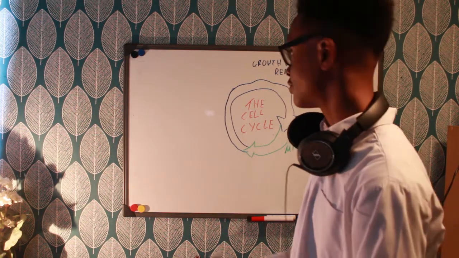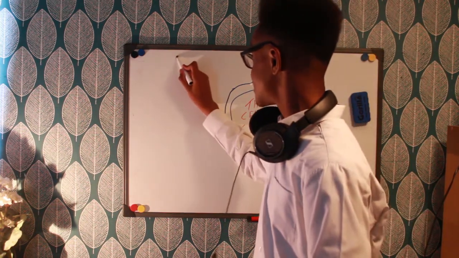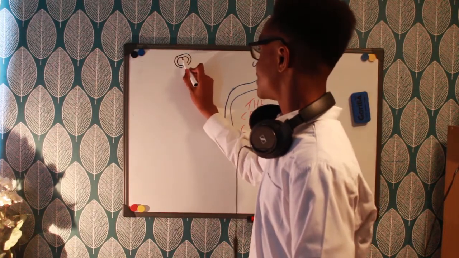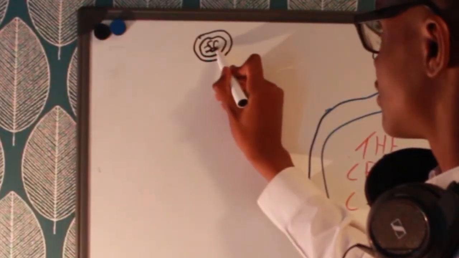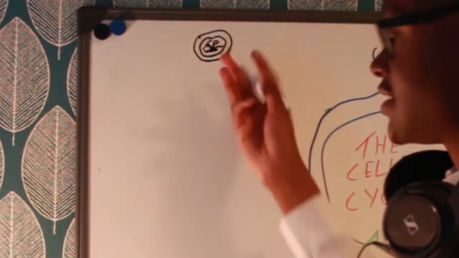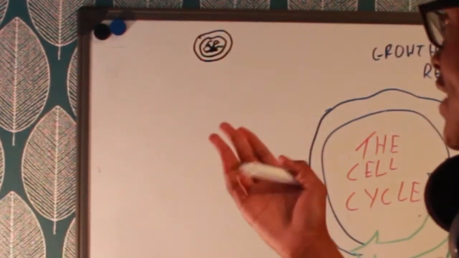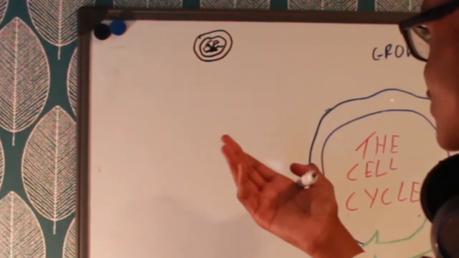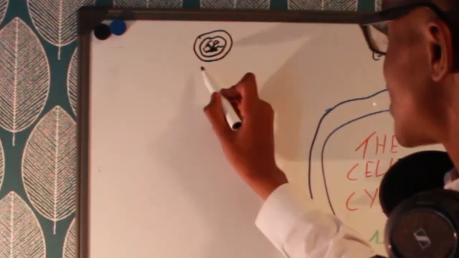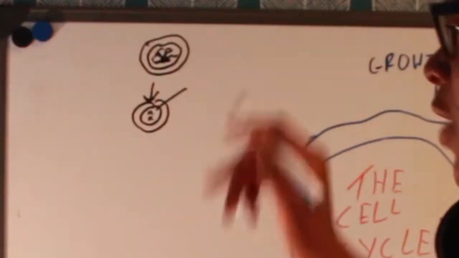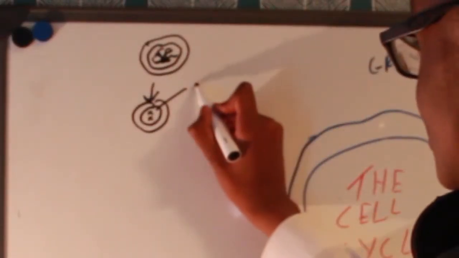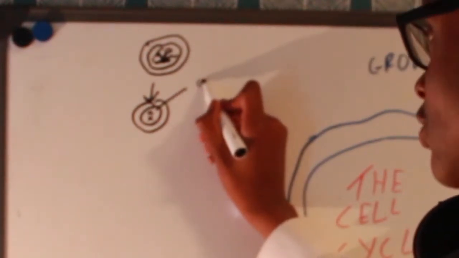So here, for example, as we can see on the board, is a cell when it's not dividing. As you can see, DNA is spread into long strings because the cell isn't dividing. However, when the cell is dividing, so when it has replicated its DNA, there would be 92 chromosomes.